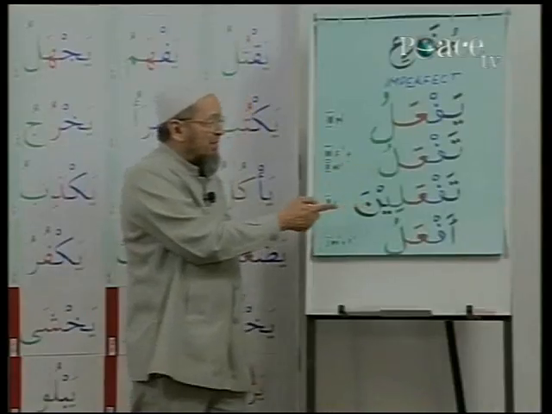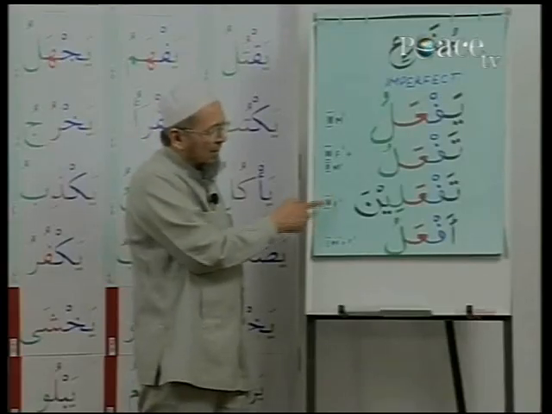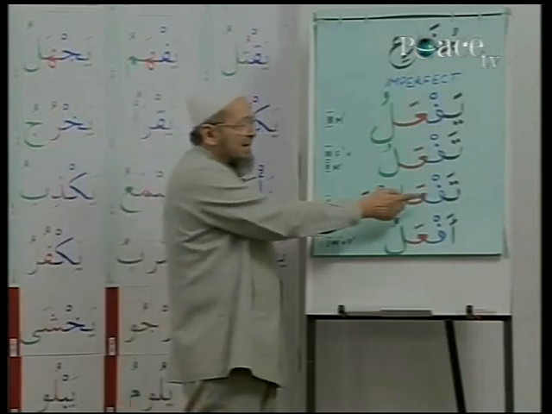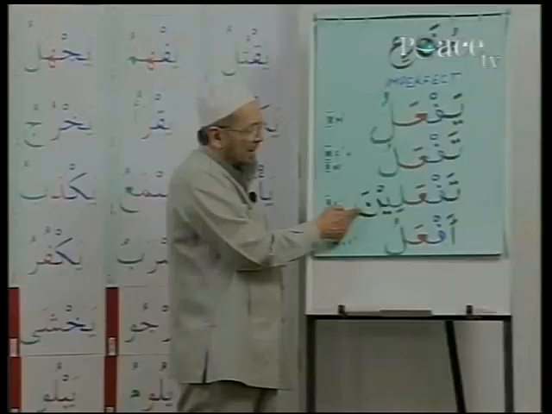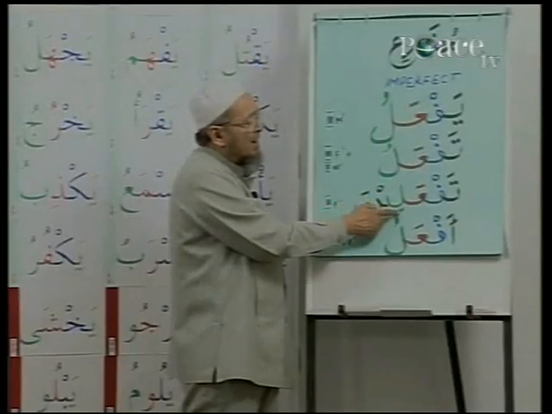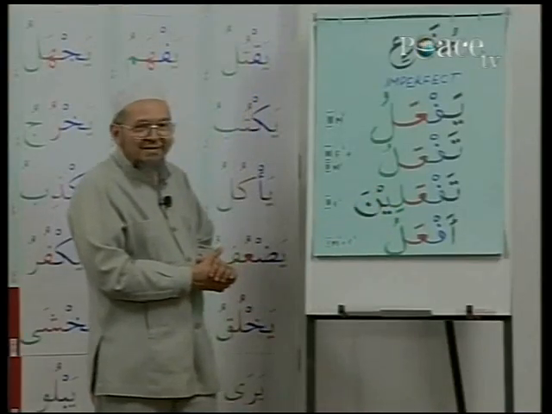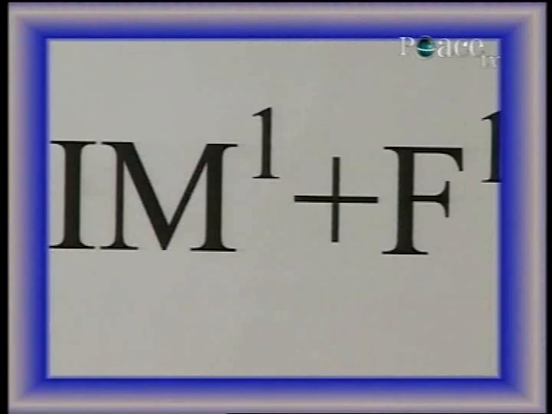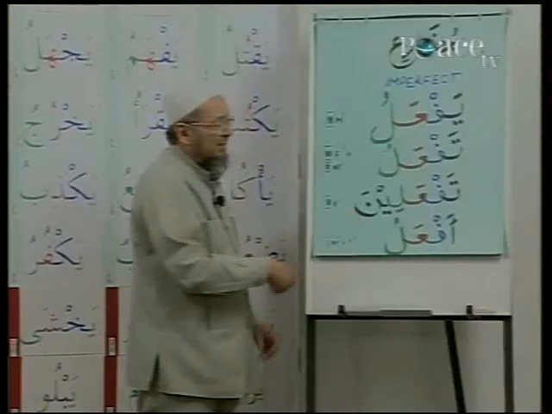For the formation of 2F1, second person feminine singular, we have to add ta, ya and noon and place kasra under radical lam. So it will be taf'alina. And for 1M1 plus F1, we have to add only alif: af'alu.